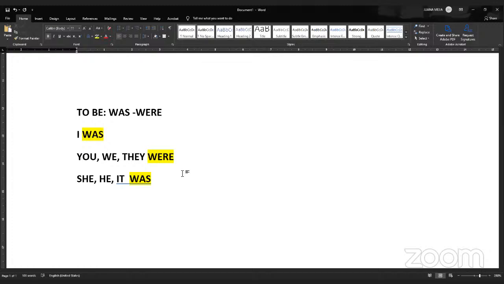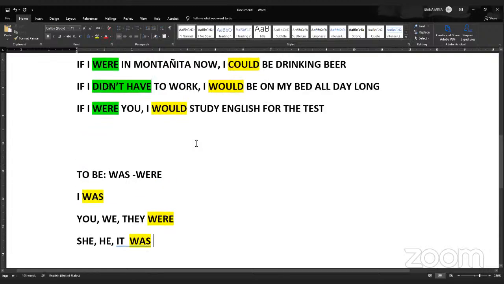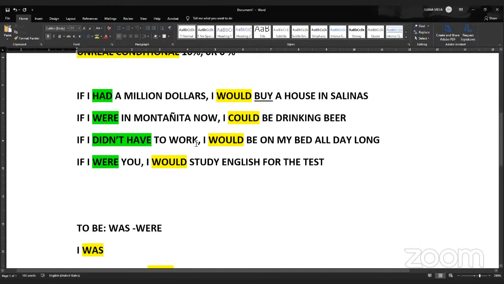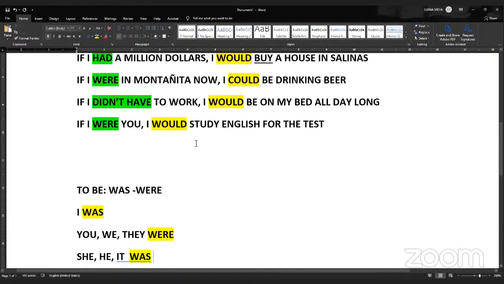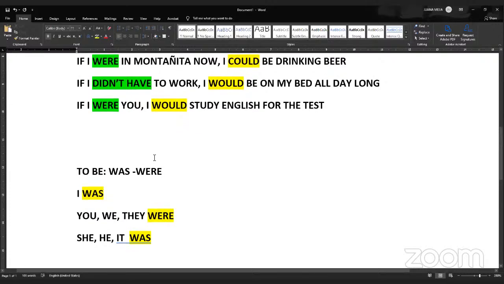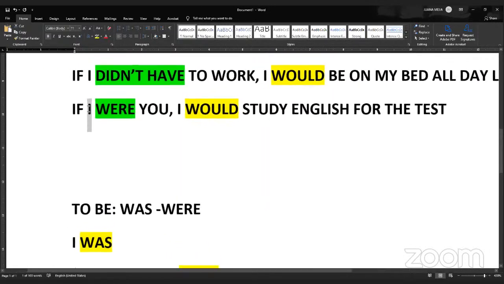And for the third person, he, she, it, was. That's absolutely right. Pero, en las estructuras del segundo condicional, okay, gramaticalmente, en la forma gramatical, no podemos utilizar was, a pesar que aquí está el pronombre yo, como usted lo observa.